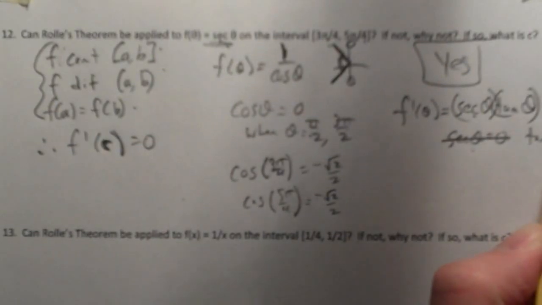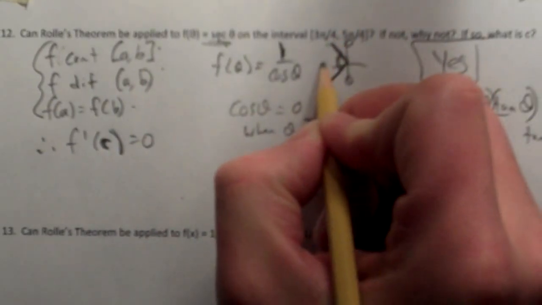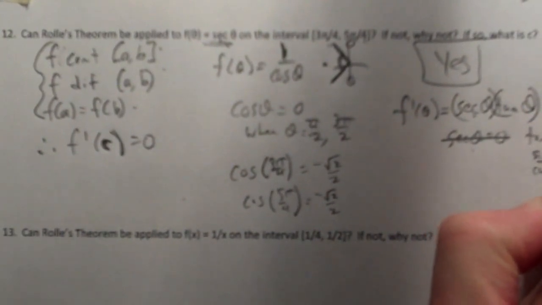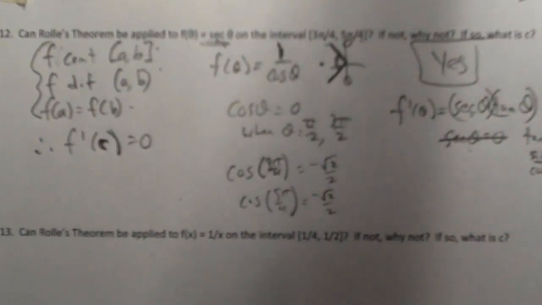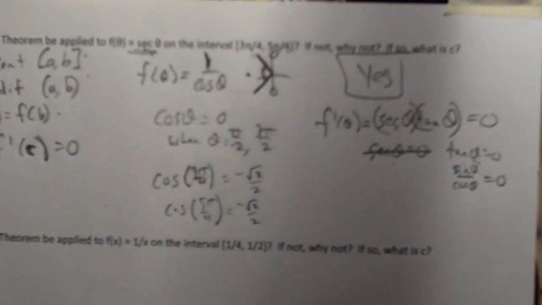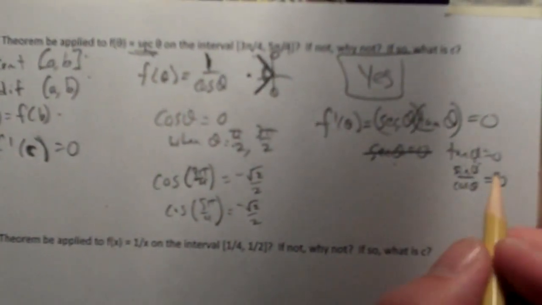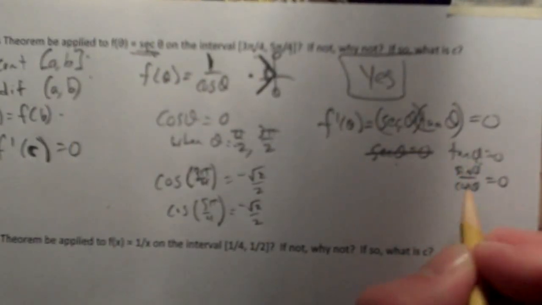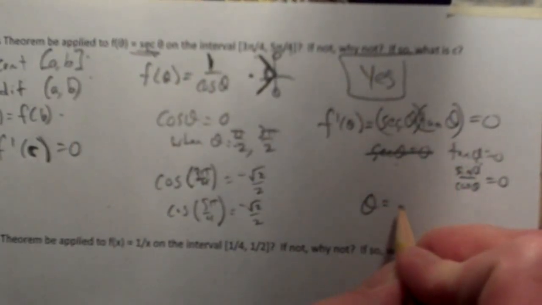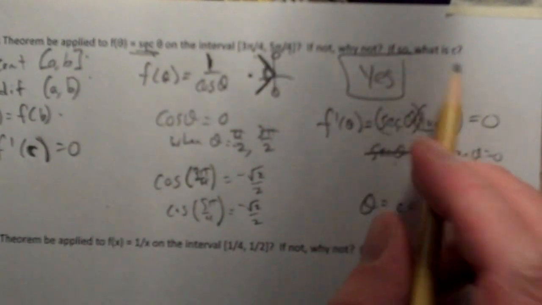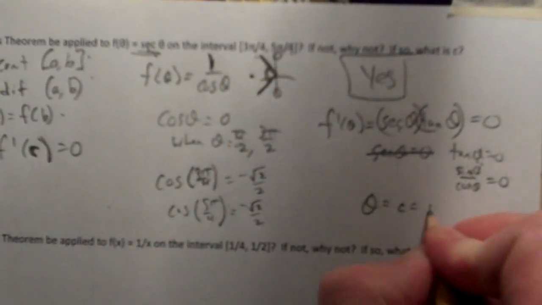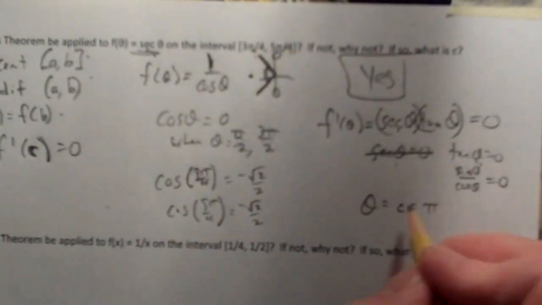Tangent equals 0 right over here, because tangent is sine over cosine, so if the sine is 0, this whole fraction will be 0. And that happens, I'll call it c because that's what they're looking for. That happens when theta is pi, and pi is on this interval.